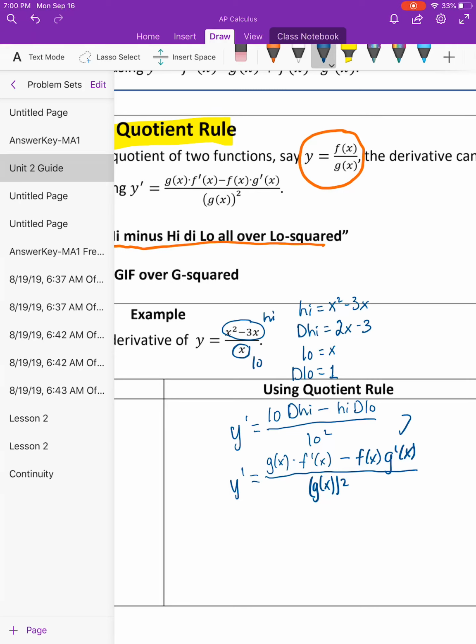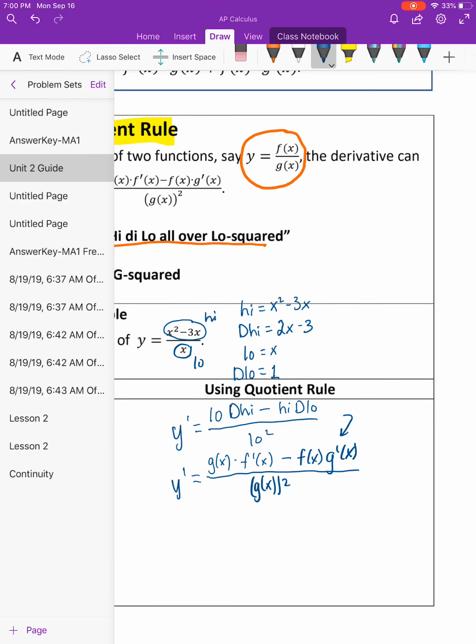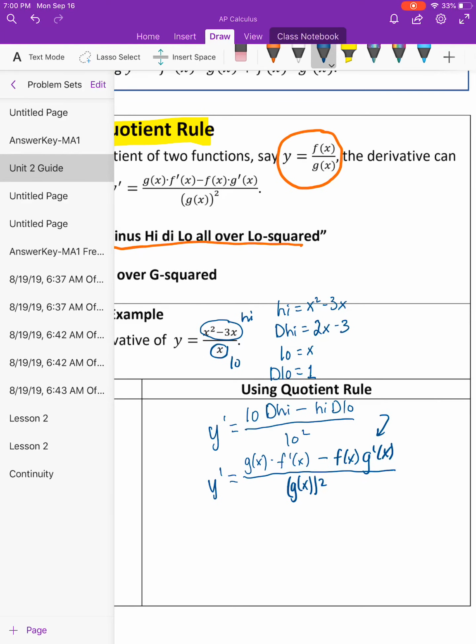So these two are the same thing, just put into more complicated terms. And again, it doesn't really matter if you say g or f of t or f of h, it doesn't matter in the long run. But we already got our highs and our lows, so this will work. You can use this form. They're not going to take off points if you write it out like that and then use it.